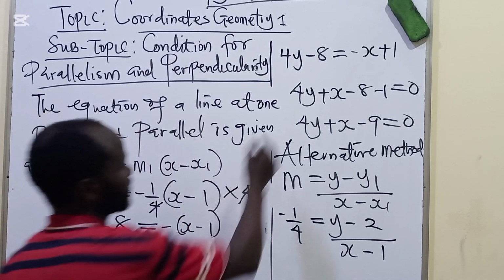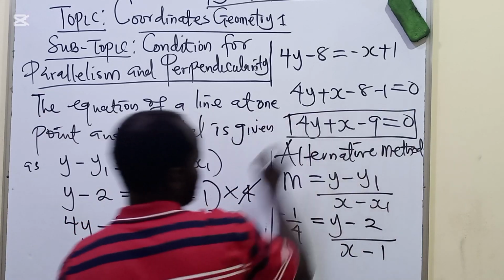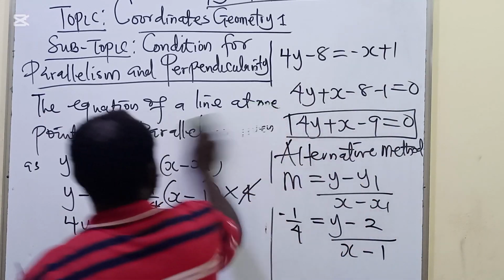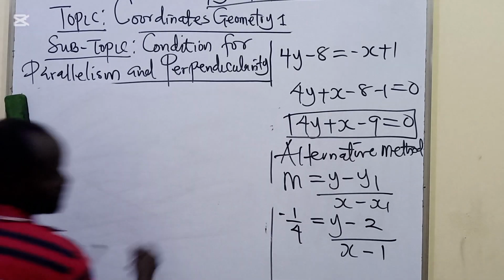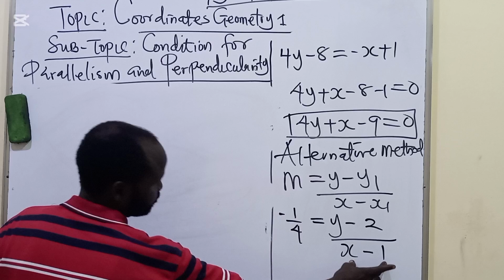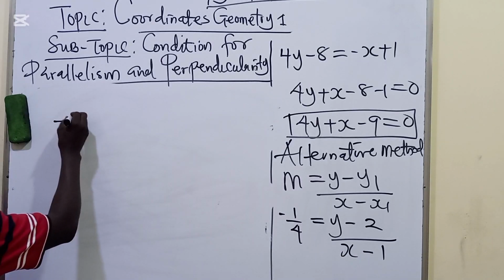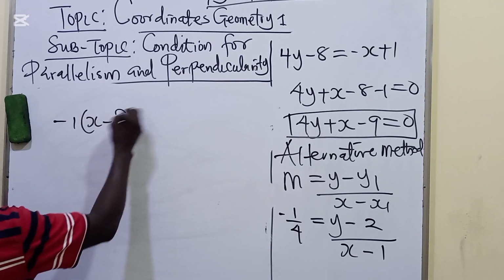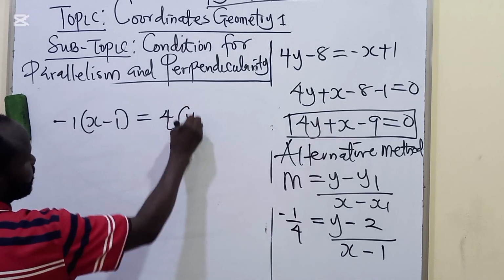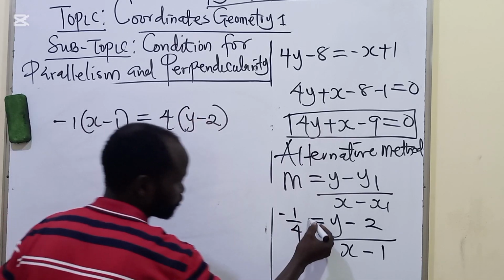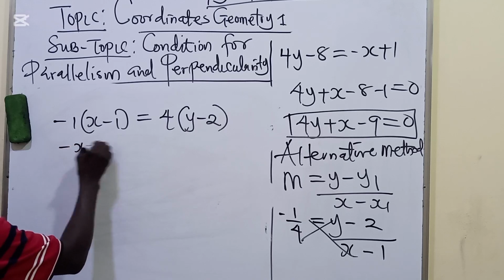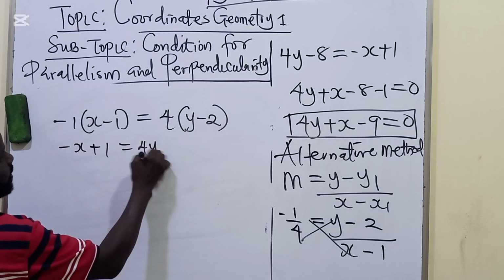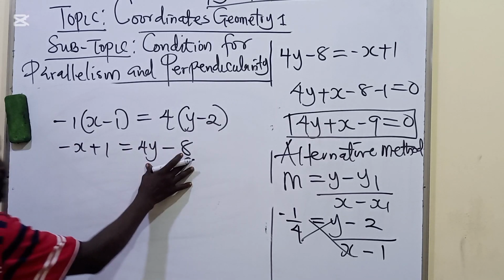So let's cross multiply, to see whether we'll get the same equation as this. Minus 1 will distribute over this. We'll have minus 1 into x minus 1 equals 4 into y minus 2. That's cross multiply now. Very important. This will be minus x plus 1 equals 4y minus 8. Let's rearrange this.